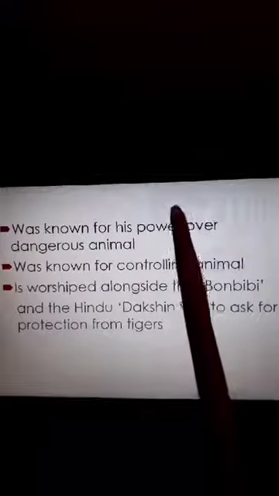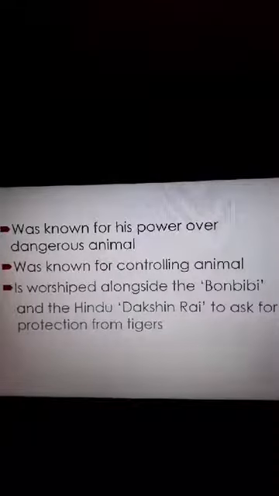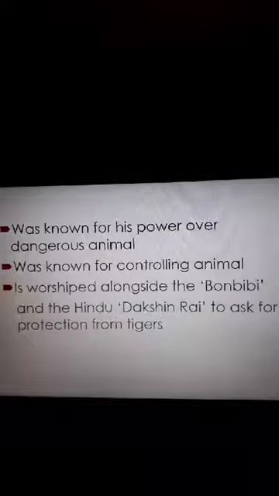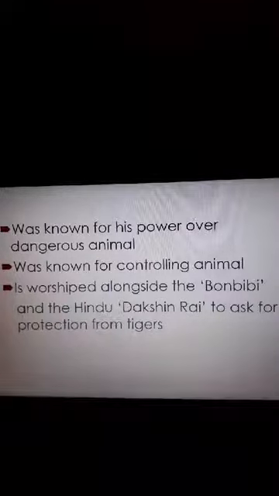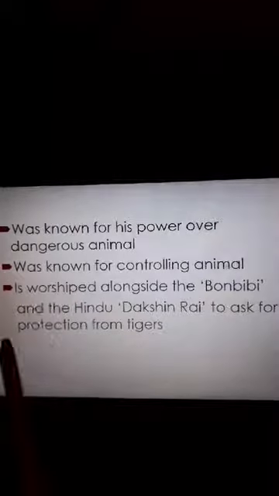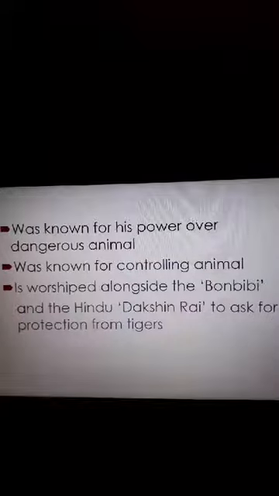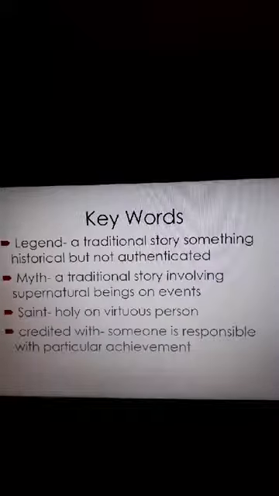He was known for his power over dangerous animals, that is, he could control them as per his will. He is worshipped alongside Bon Bibi and the Hindu Dakshin Rai to ask for protection from tigers. So this is some information about Gazi Pir.